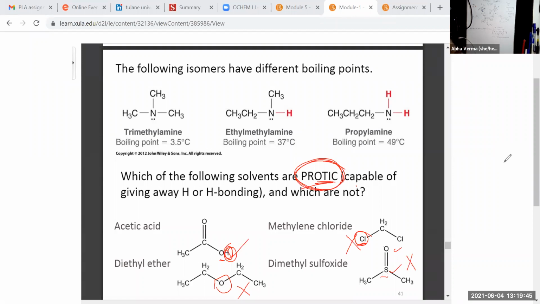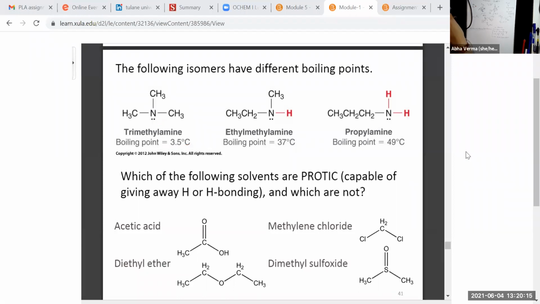No. So this is also not a protic material. Any questions on what is protic? Protic materials will be able to do hydrogen bonding. For example, triethylmethylamine does not have a hydrogen on the nitrogen or the electronegative element, and hence it is not a hydrogen bonding material.